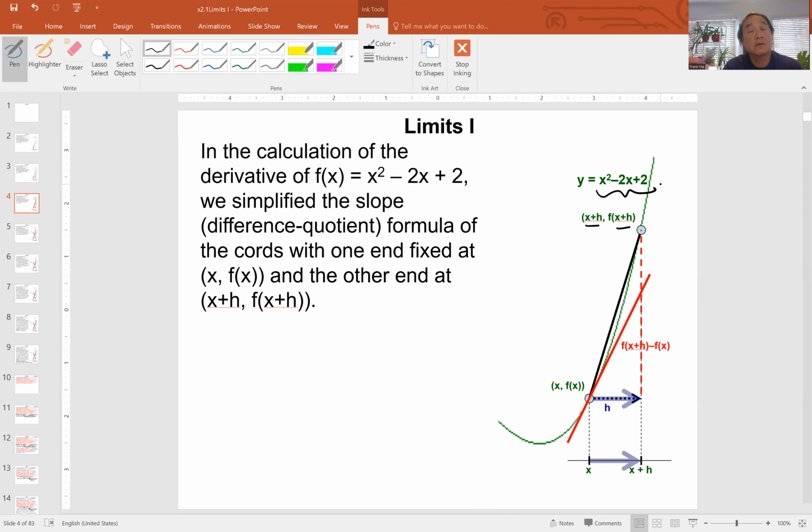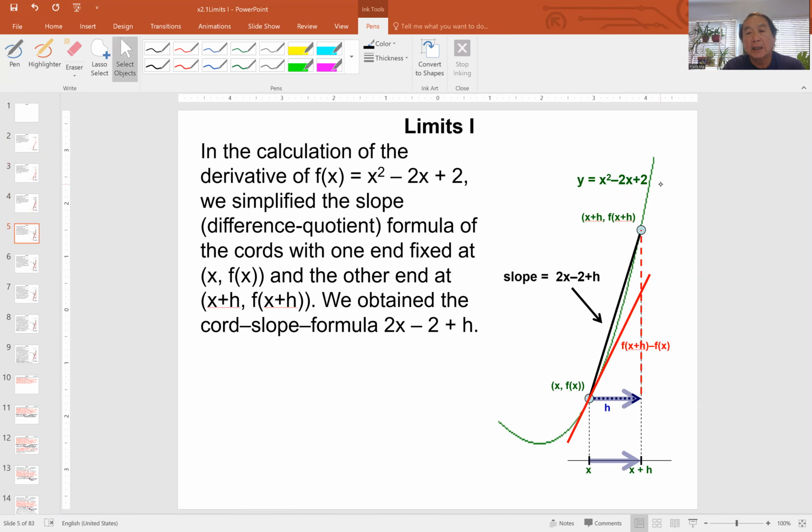The difference quotient simplifies, the algebra cancels, and I get the formula for the slope of that black line, depending on what x I chose and how far the neighbor is, the h. So the slope depends on these two variables, x and h.